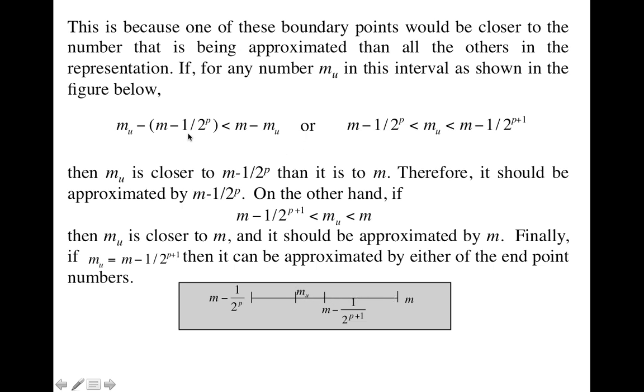These formulas just express that. Effectively, if mu minus this quantity is less than m minus mu, that means this number is closer to this one, then it must be mapped to this number, which is what this statement is saying. This is the same statement.